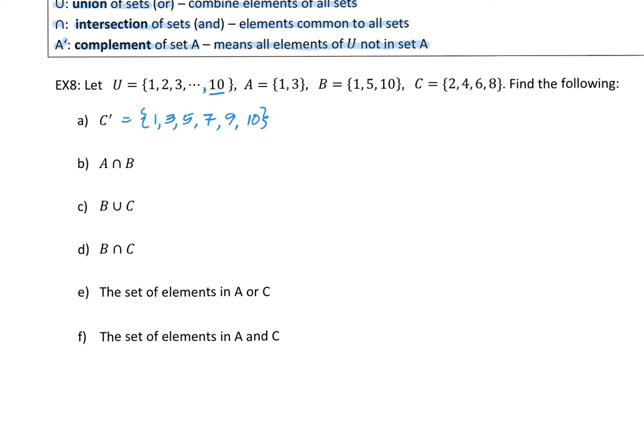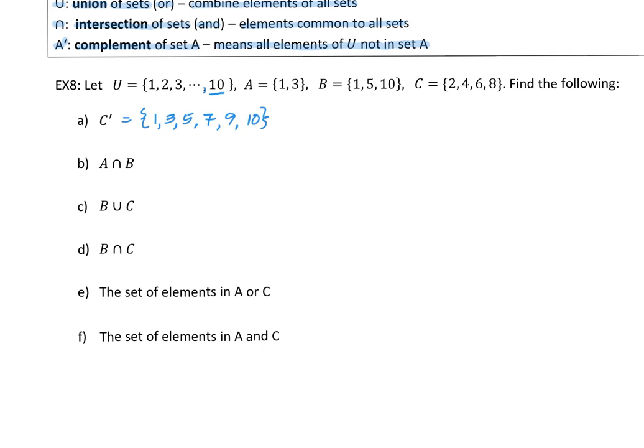Again, I didn't have to list it in order from smallest to largest, but it was just natural for me to do that. I could have rearranged this and it would still be the same set because I can list all the elements. So again, 1, 3, 5, 7, 9, 10, those are elements in the universal set U that are not in C.